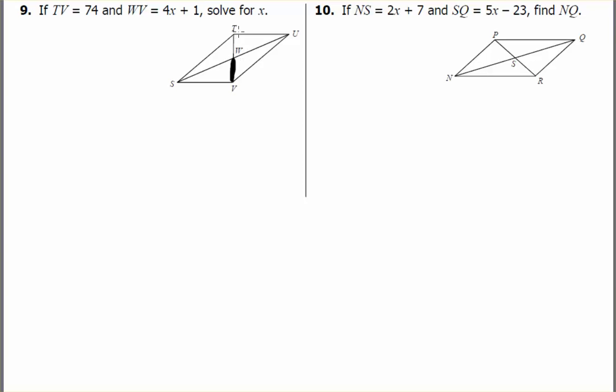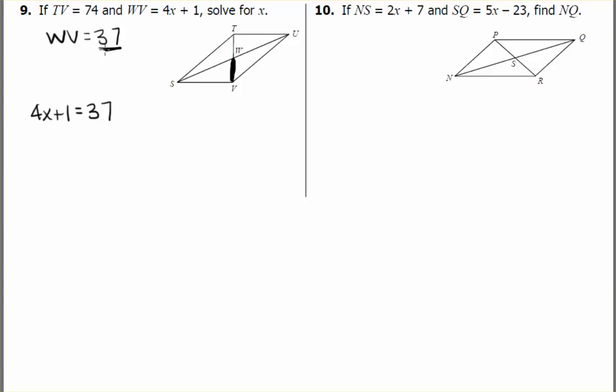Well, if the diagonal is bisected, then both of those segments have to be the same. So it's going to be half of the whole thing. So half of 74 is 37. So WV is going to be 37 because that's half of 74. Then since WV is also 4x plus 1, I'm going to say 4x plus 1 equals 37.